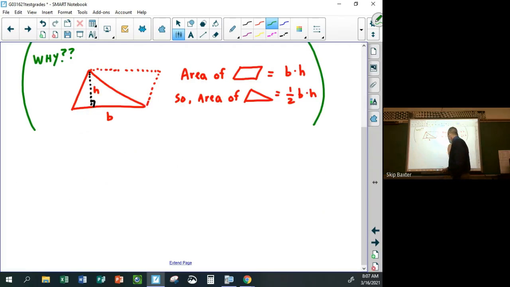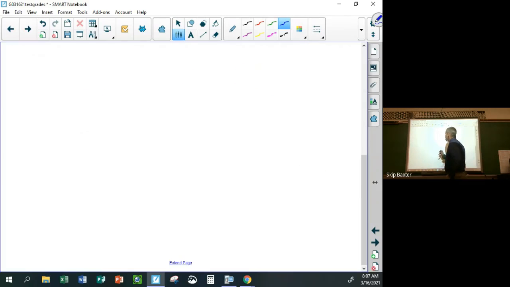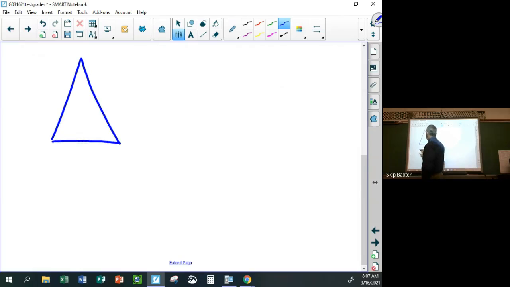So same issues here. If they're going to give you base and the height, just make sure it's the perpendicular height. So if it was something like this, they might give you this distance here is 6 yards.